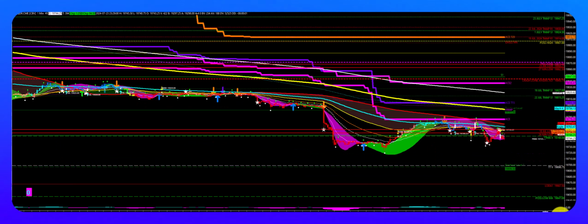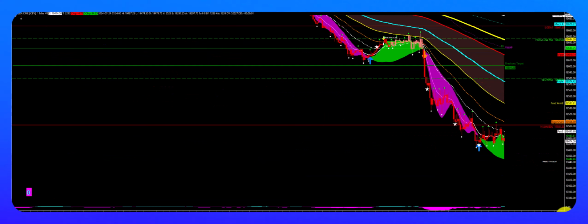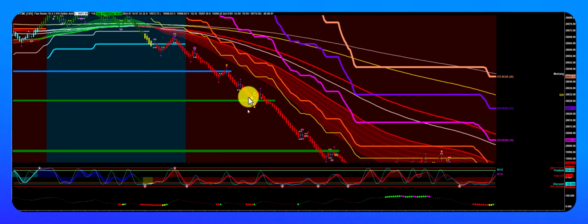And you see what have we done? We're just staying a long way away from the Fox 3. Large distances away from the Fox 3 before we ever get close to it. That's a very strong move away from all of our other lines. So how can we control that? That is a valid trade entry for us.